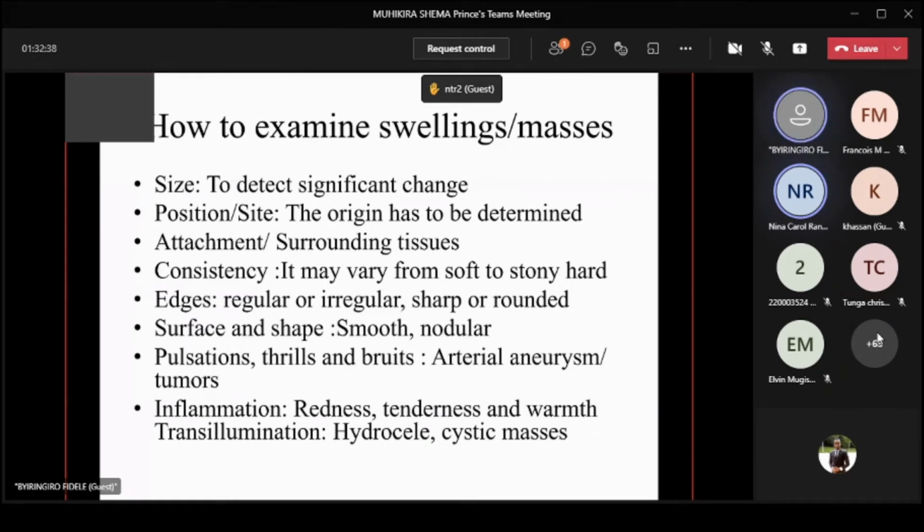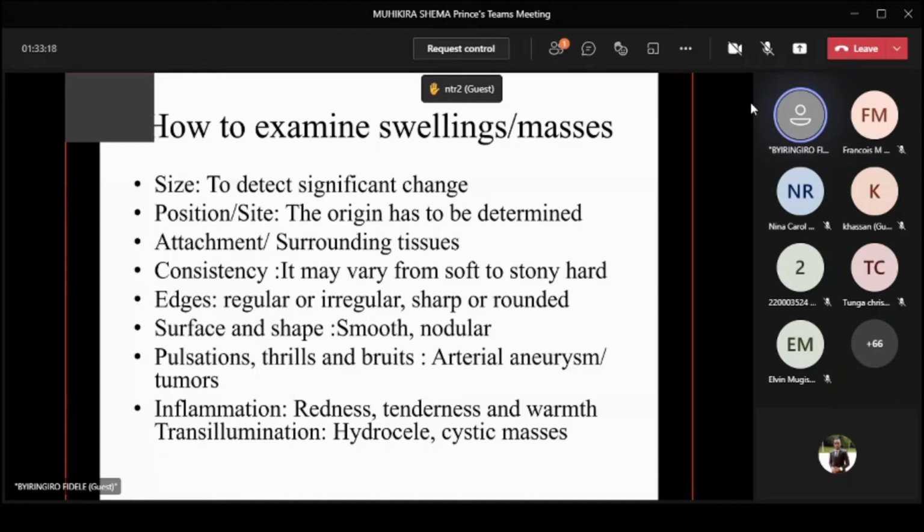Okay, let me give you a very simple example. Have you ever seen an inguinal swelling? No. You have not yet seen it. So for inguinal swelling, do you know inguinal hernia? Yes, I've heard of it. So I'm going to give you a simple example. Hernia means a protrusion of contents of a cavity outside that cavity.